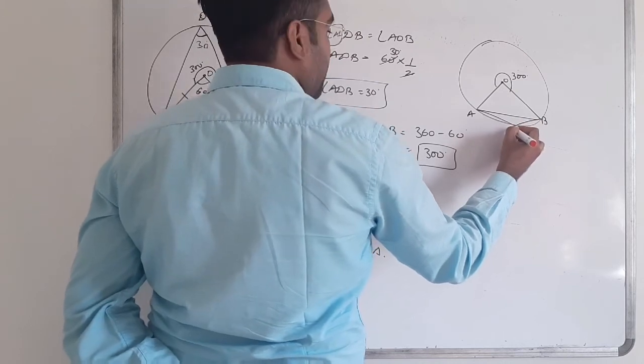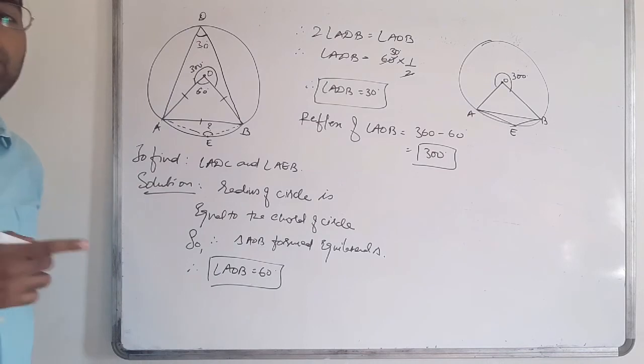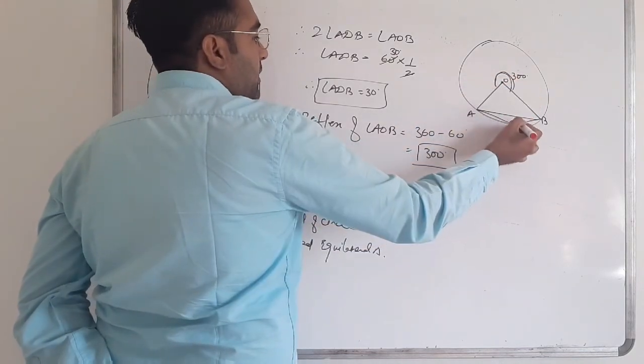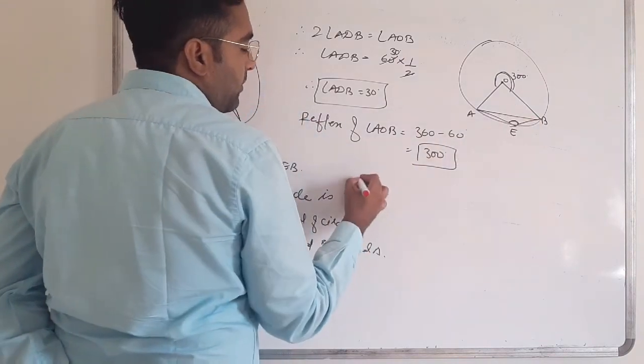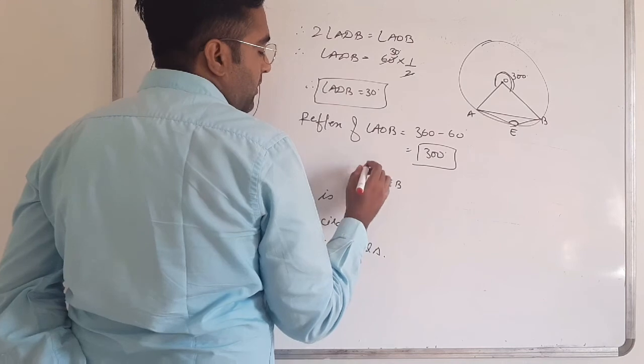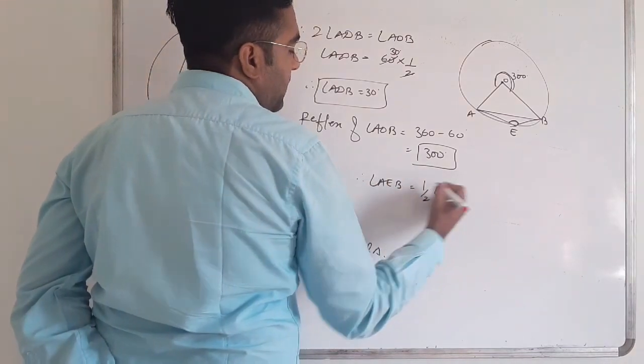Clear that? So now we know that from the center of the circle, this angle is double this angle. Okay, so therefore angle AEB is equal to half of the angle AOB.